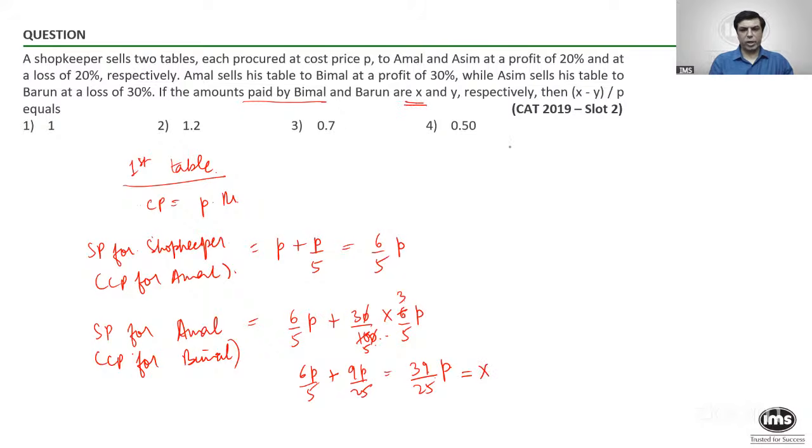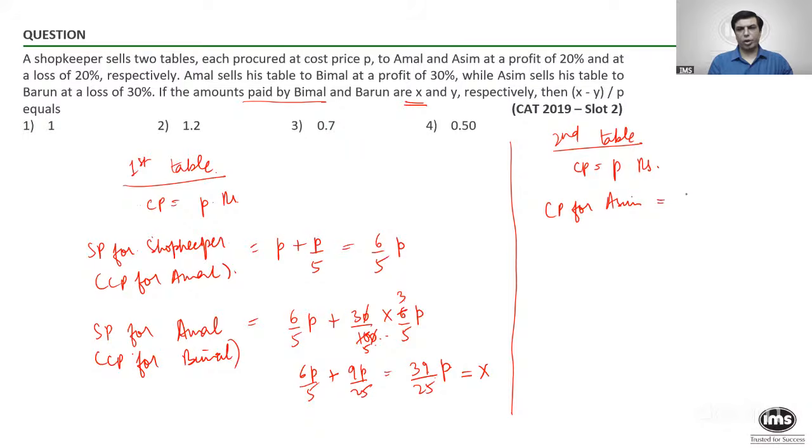Let's calculate the second table, the same way. Second table, again, the cost price is P only. And then the selling price for the shopkeeper, which is the cost price for Asim, is at 20% loss. So P minus P by 5. How much is that? That is 4 by 5P. And now Asim is selling this to Barun at a loss of 30%. So what is the selling price for Asim, which is also the cost price for Barun?